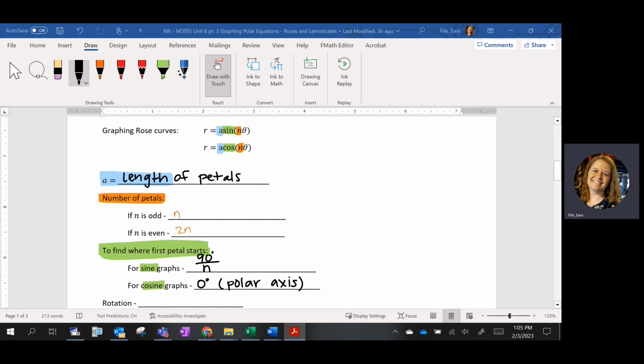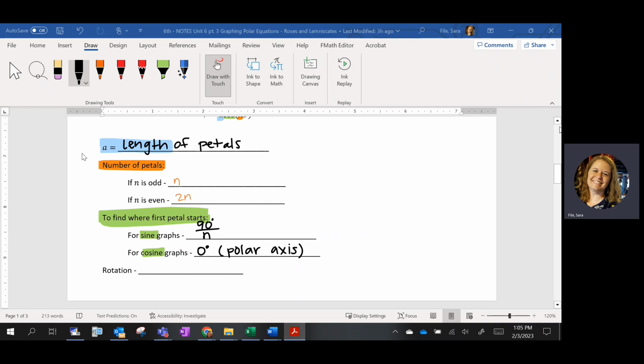So whatever n is, if it's a sine graph, you'll do 90 degrees divided by n, and that's the angle where the first petal would be located. Now, the spread of the petals, how far apart they are: they're equally spaced. So how many degrees is one full rotation around?